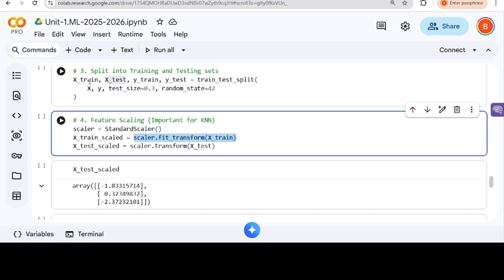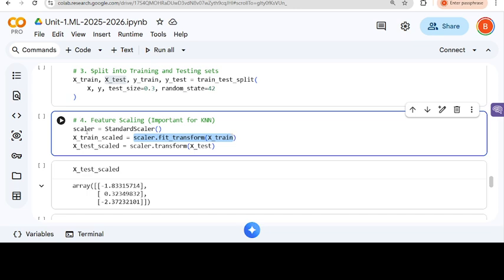That is called feature scaling. I will take an example, no problem. Whatever fit_transform we have done for the X_train, the same we have to do for the X_test. It means whatever transformation you have done for the X_train values in the table, the same transformation you have to apply for the X_test. So this is called feature scaling.